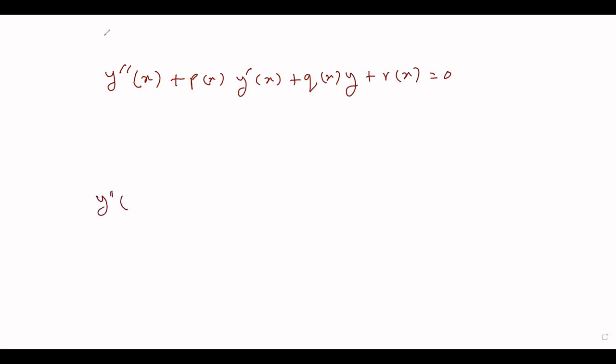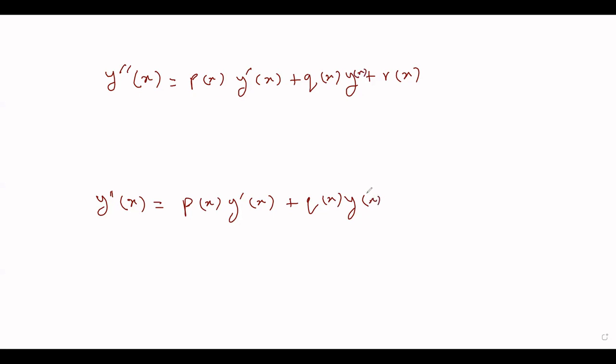Oh no, it's not exactly this one, but we have an equal sign here, and there is no r(x) there. And the second initial value problem is y double prime x equals p of x y prime x plus q of x y. And there is y of x here, you can understand that.